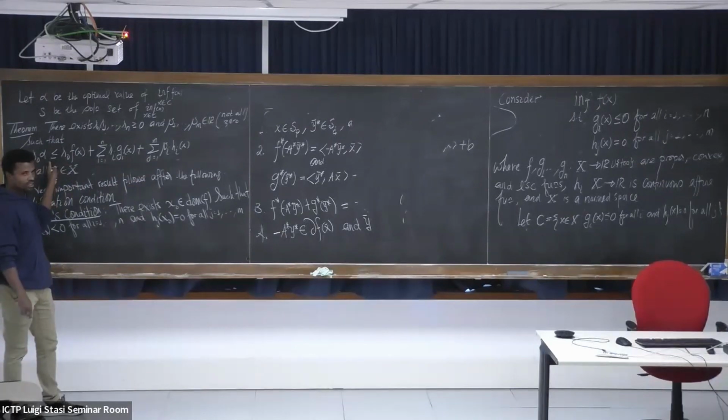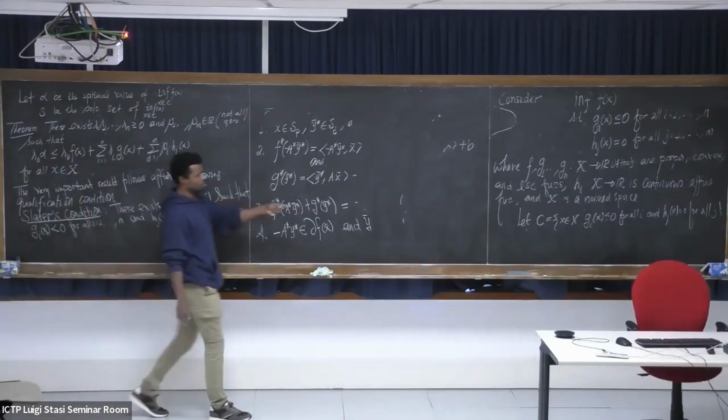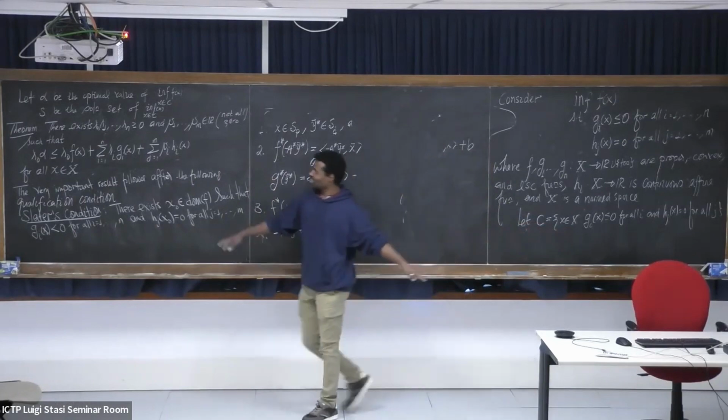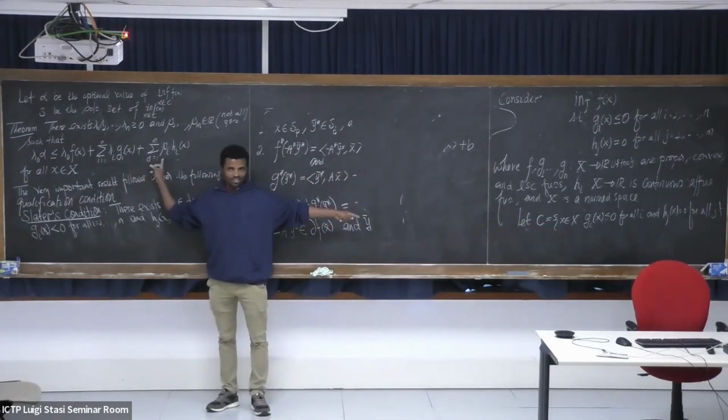There is no way that we can restrict ourselves to C by itself. So the gi's and hj's are here.